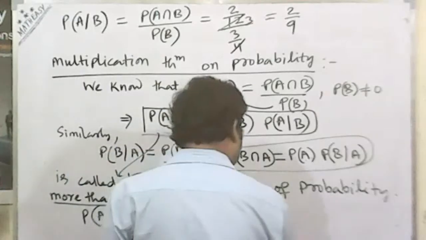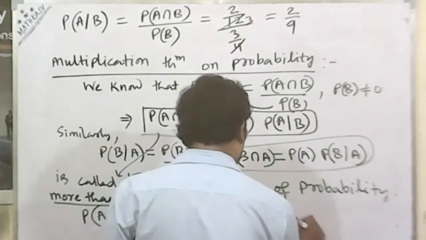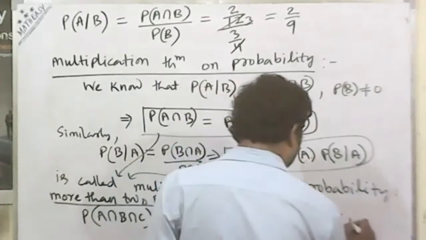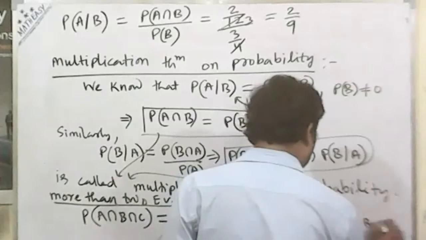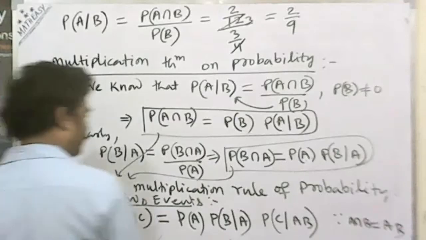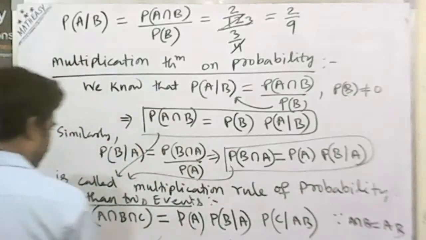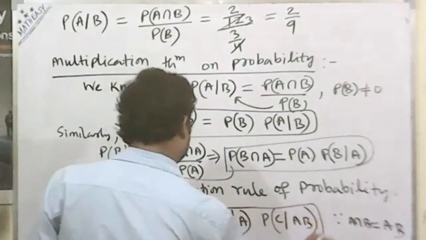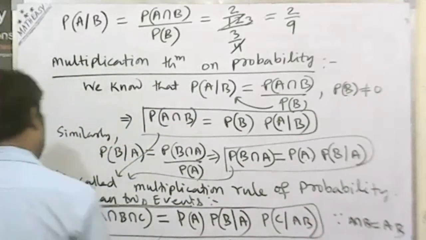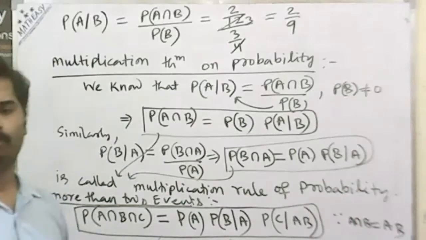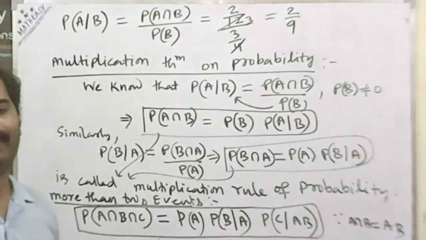If C, you can say A and B is the condition. Here A intersection B is the same value. So that's why this is the multiplication theorem on more than 2 events.